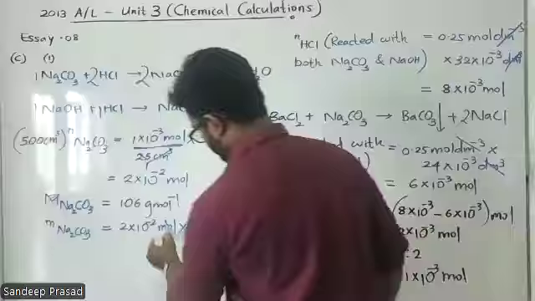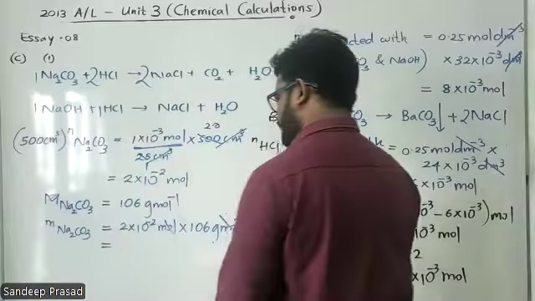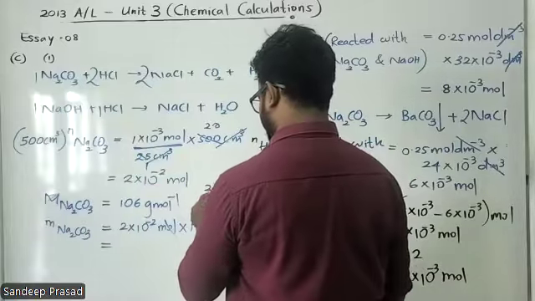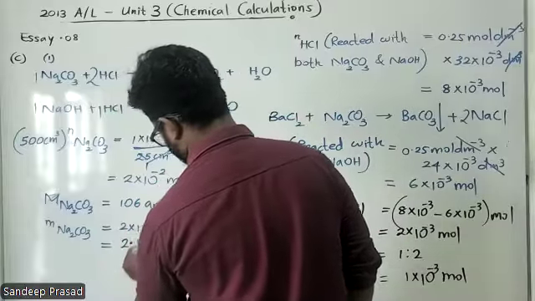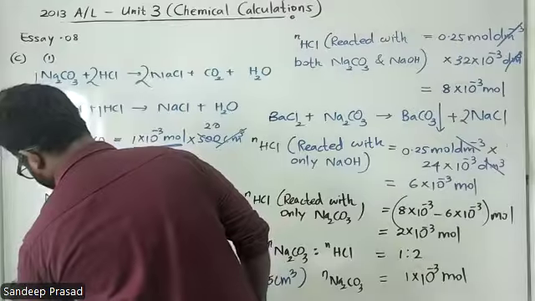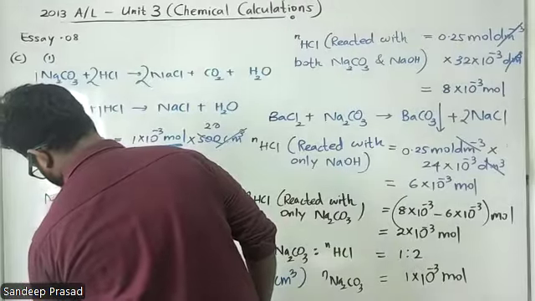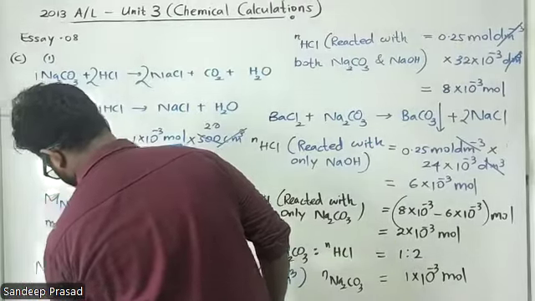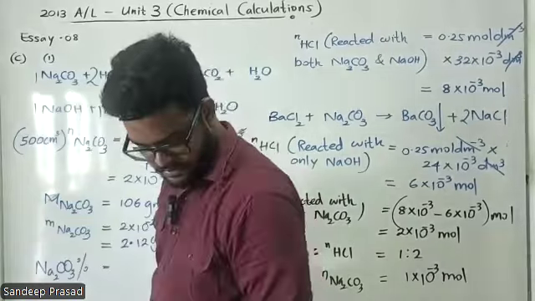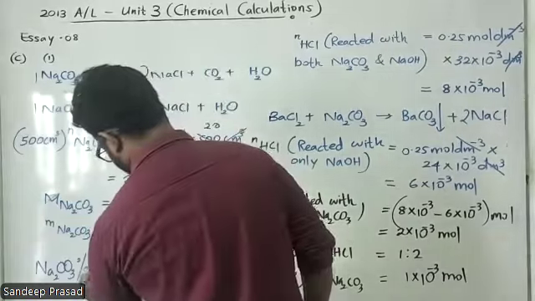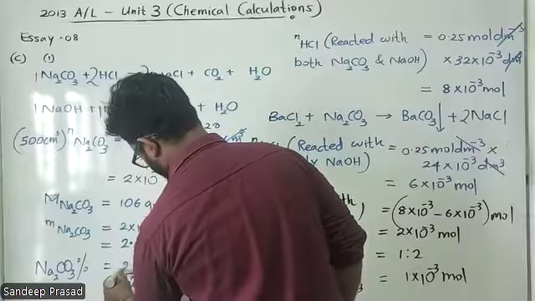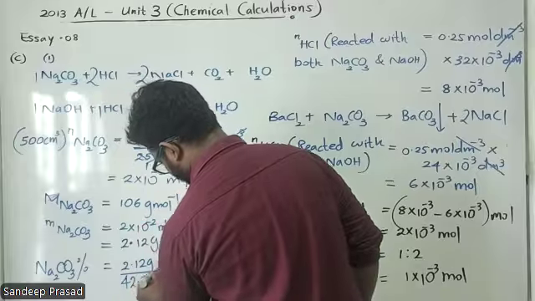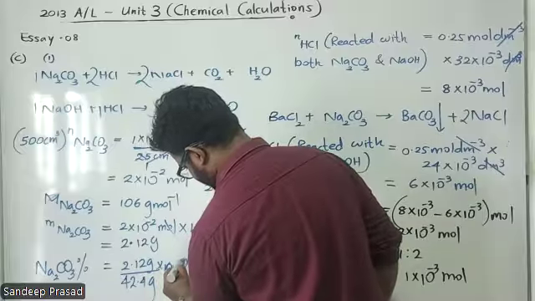So therefore, 2.12. And then find out the mass percentage. So what is the total mass? 42.4. 2.12 grams multiplied by 100%.